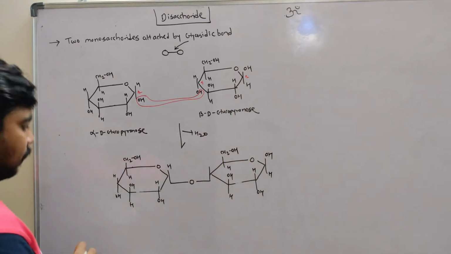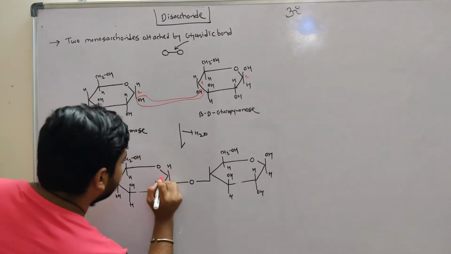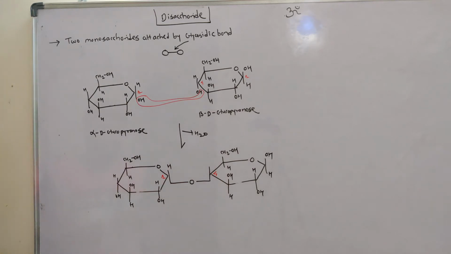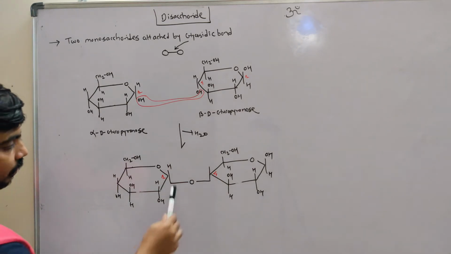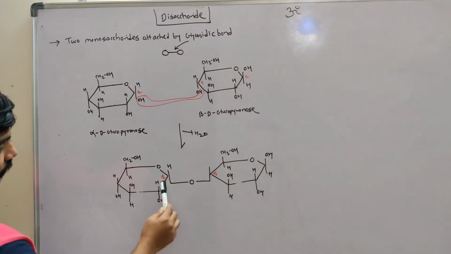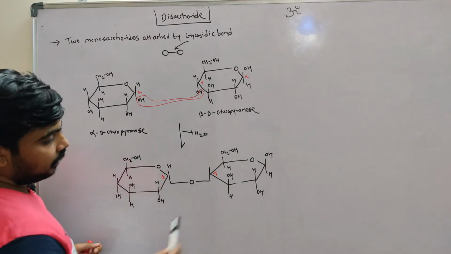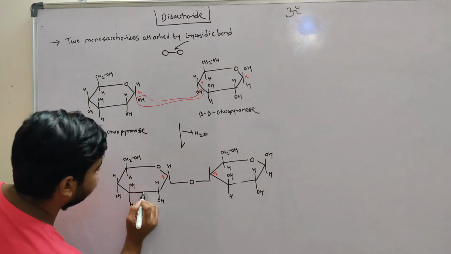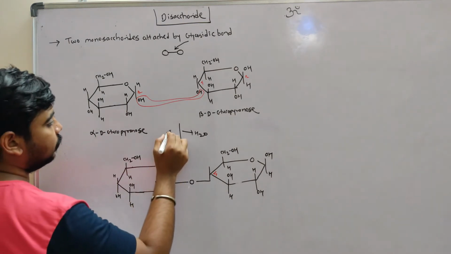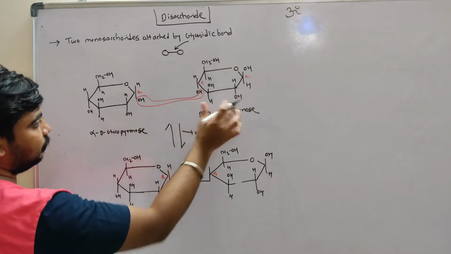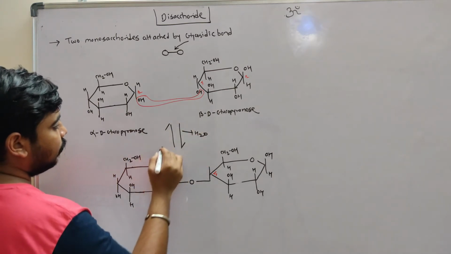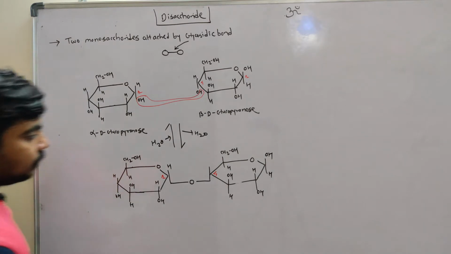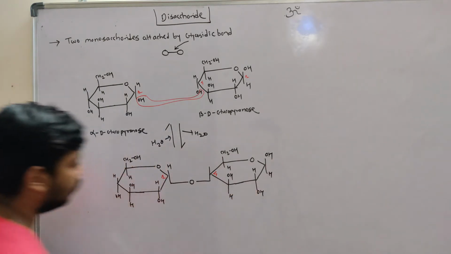This is the first carbon, and this is the fourth carbon of beta D glucose. A glycosidic bond gets formed between the first carbon of alpha D glucose and the fourth carbon of beta D glucose. This glycosidic bond can be hydrolyzed to form two monosaccharides through hydrolysis if H2O is added.